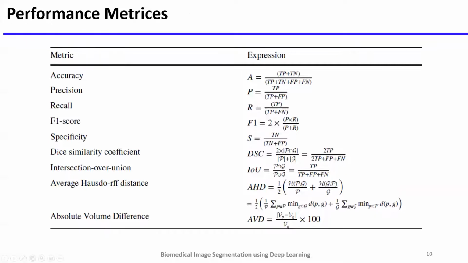So these three components are the backbone for supervised learning in the biomedical image segmentation task.